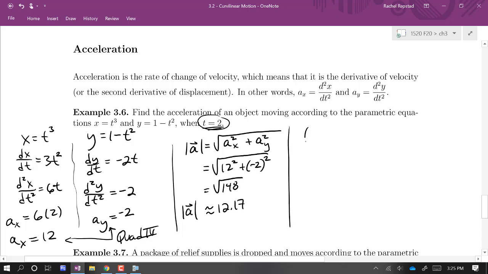We're in quadrant 4, so for the angle, I'm going to do this all in one go. If it's in quadrant 4, I know I'm going to subtract the reference angle from 360. So I'm going to have 360 minus arctan of y over x, but I'm going to make everything positive, so just positive 2 over 12.